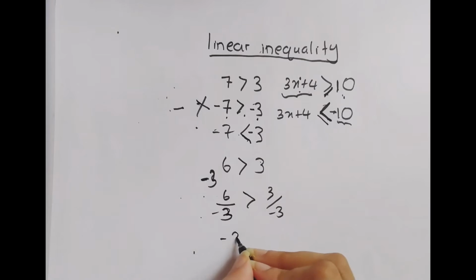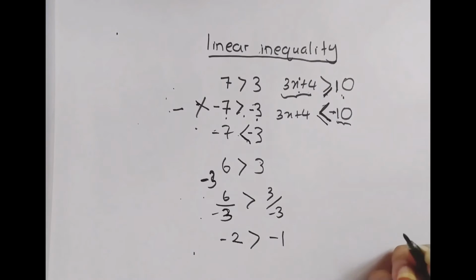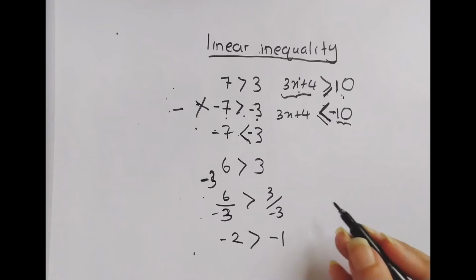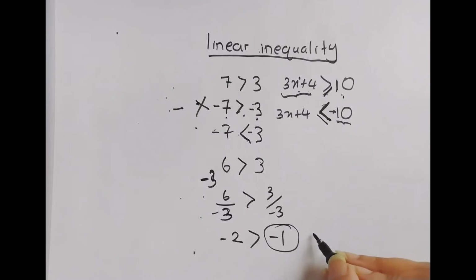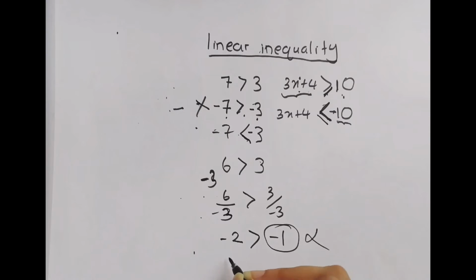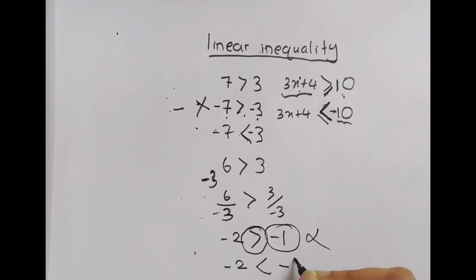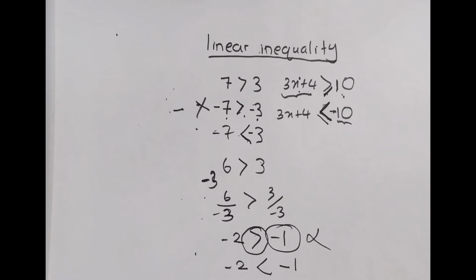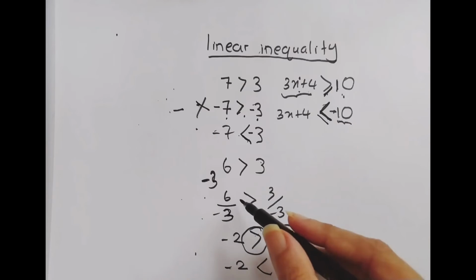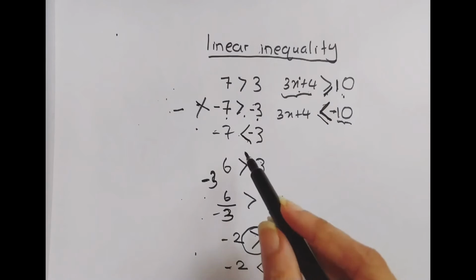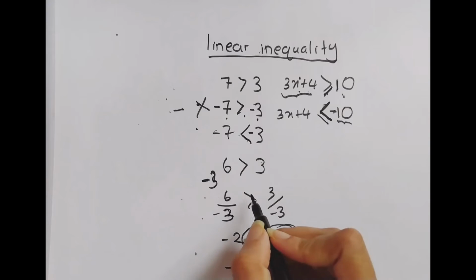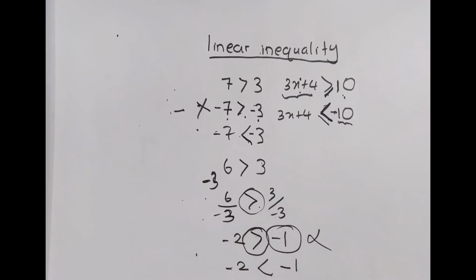So this will be minus 2 and this will be minus 1. Now which one is larger? Actually minus 1 is larger. So this is wrong. Why? Because you have to change the sign. Then minus 2 should be less than minus 1. So remember, whenever you start to divide or multiply by a negative, you have to change this sign at that point onwards.